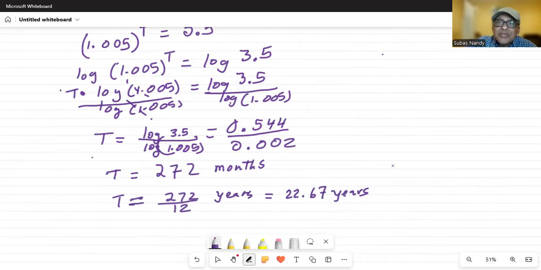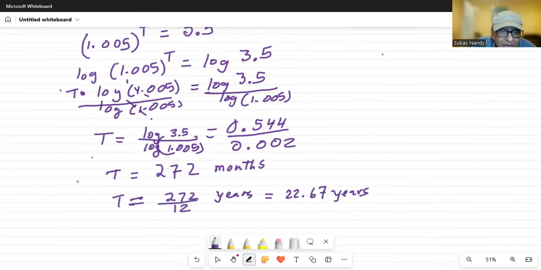The other parameters are remaining the same. Still, I borrowed 100,000, 6% annual interest rate or 0.005 monthly interest rate. And what happened when I go from 600 to $700 a month? I reduced my payoff period by almost 8, slightly less than 8 years.